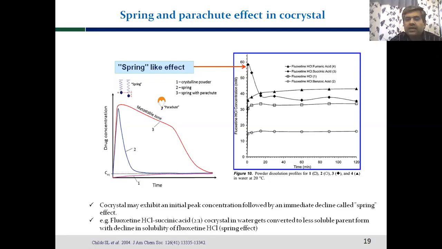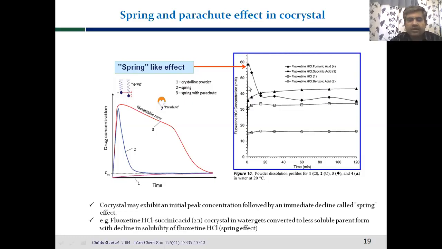As you can see in the case of this particular co-crystal, which is the fluoxetine succinic acid co-crystal, there is a shoot up in the solubility, apparent solubility initially, and which then reduces down as the time passes. So this is what is called as a spring effect in the solubility profile of the co-crystal.